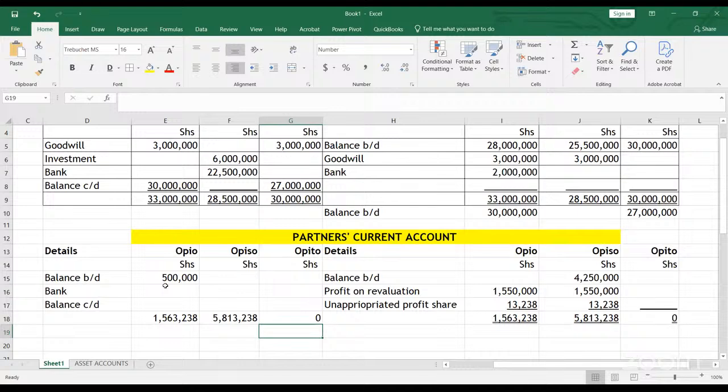So let's try to do the additions, and we see the balance brought down was 4.25, then followed by the profit share, that was 1.5. Then the unappropriated profit.